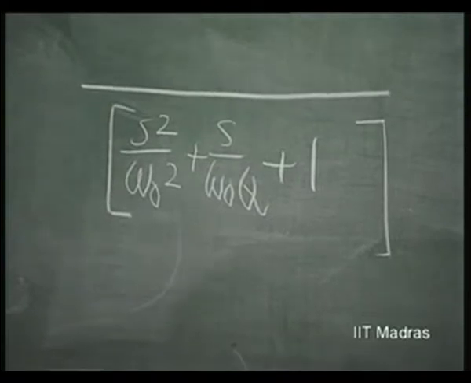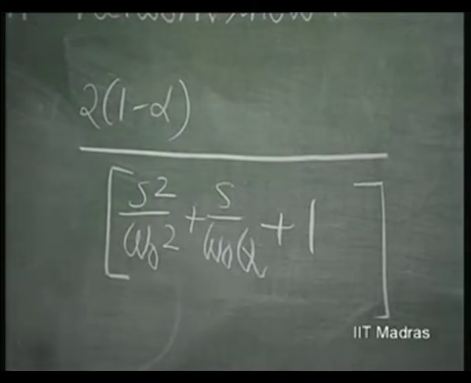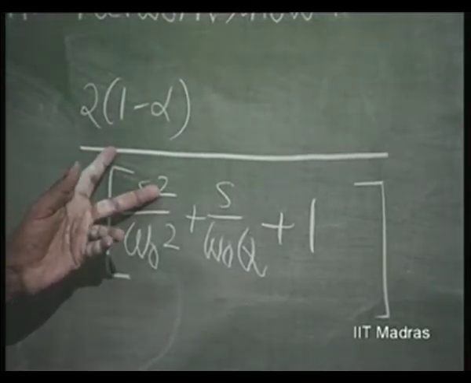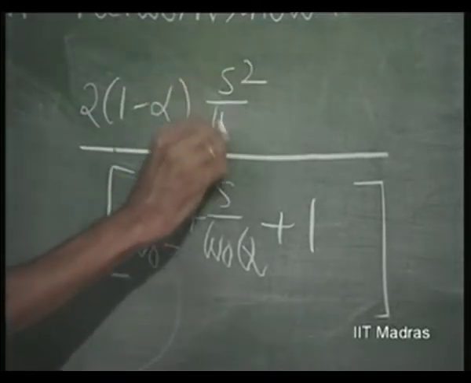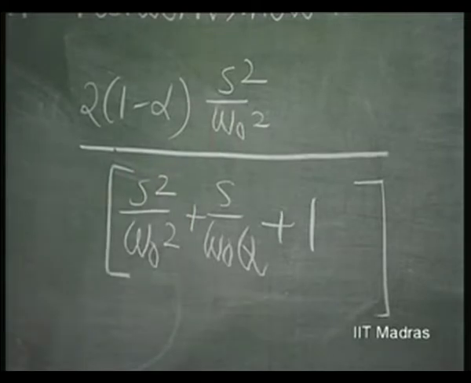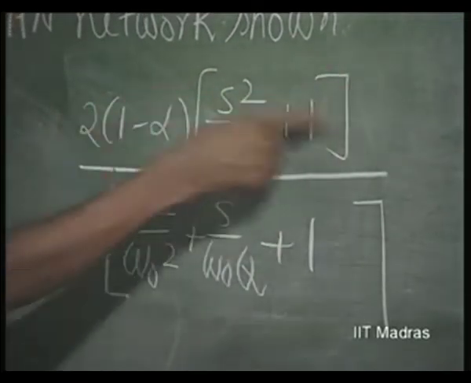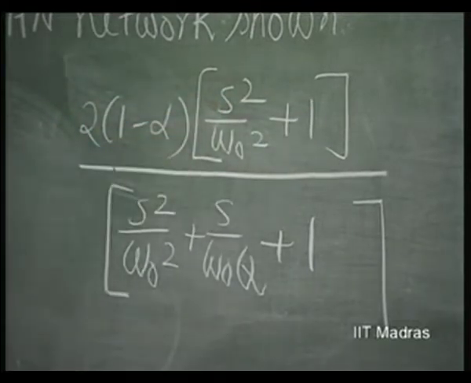For example, if I take the low pass, it is just this, and the high pass is this into s squared by omega naught square. So, if I add low pass to high pass, I get a notch, right, at omega naught.